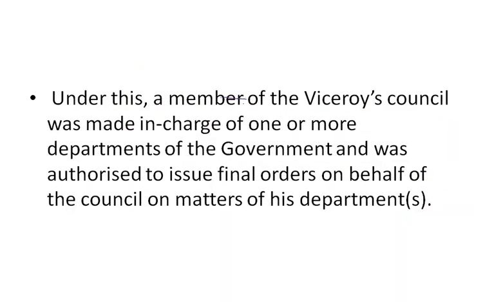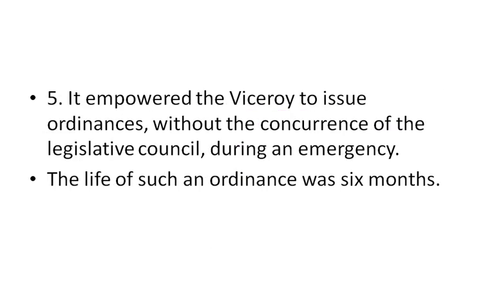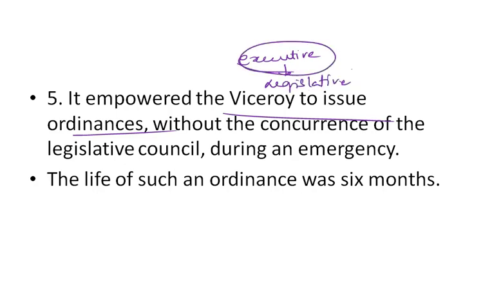What is meant by an ordinance? An ordinance is a temporary law where the executive performs legislative functions. When the legislative body is absent, an ordinance can be passed by the executive. The ordinance power of the Viceroy has been adopted in the modern Indian Constitution also.